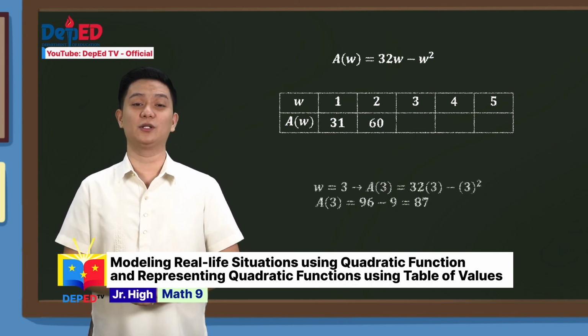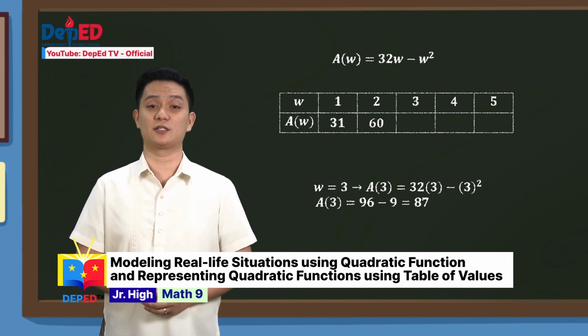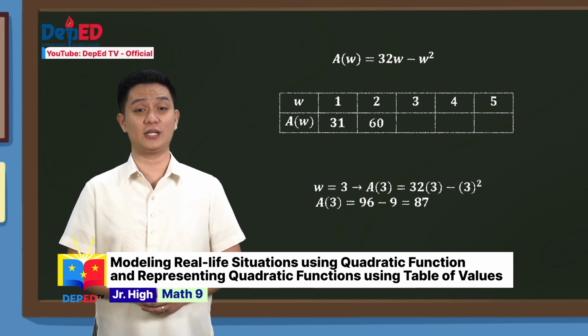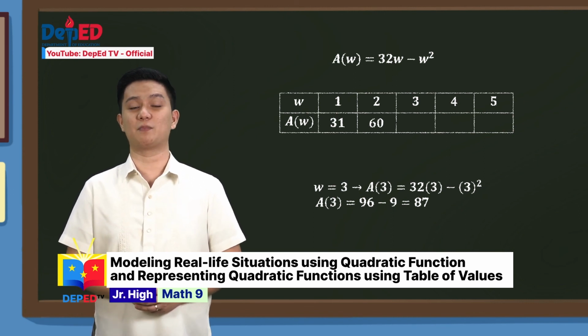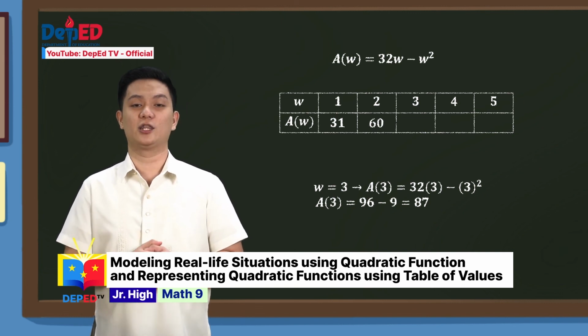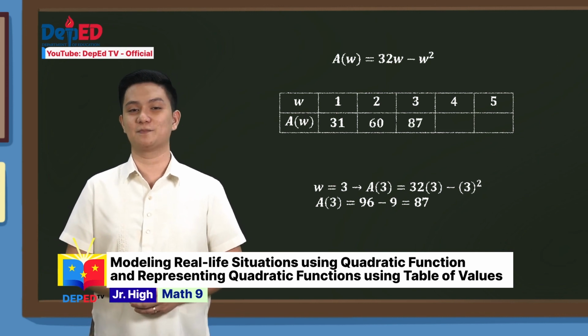When W is equal to 3, A of 3 must be equal to 32 times 3 minus 3 squared. And therefore, A of 3 must be equal to 96 minus 9, and the result is 87. Hence, when the width is 3 meters, the parcel of land has an area of 87 square meters.